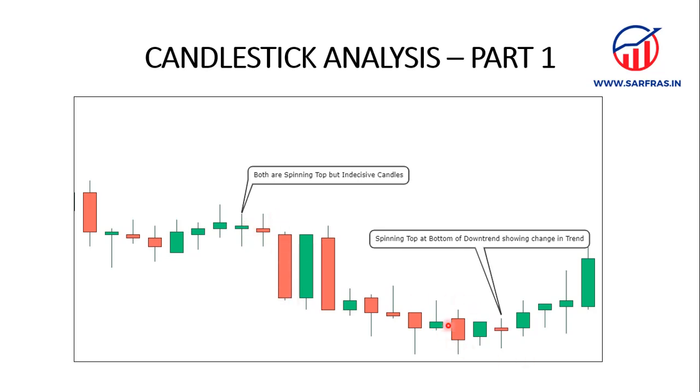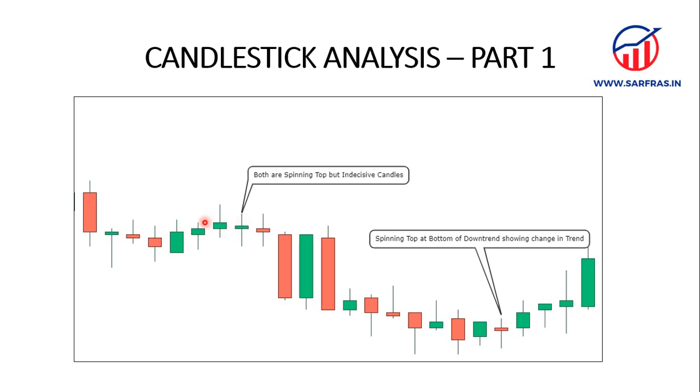But this particular candle, if you see, is giving a clear signal. You can see there's a big price drop from here, and this spinning top is formed at the bottom of the downtrend, and you can see there is a price reversal. So you can see it continues. These are somewhat like spinning tops only. Here you can see almost multiple.